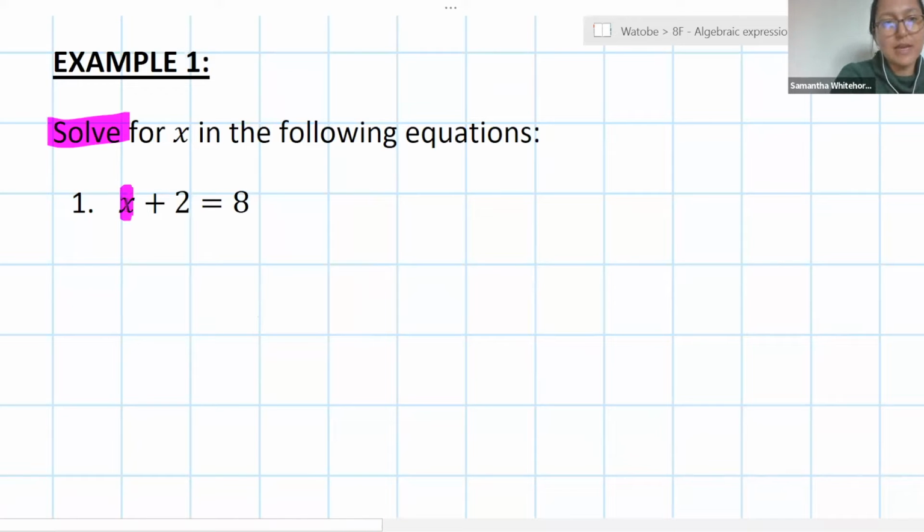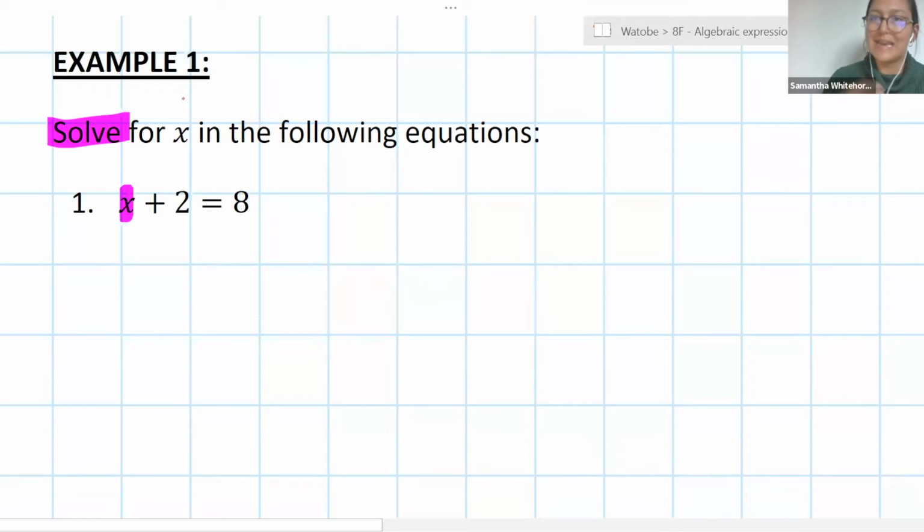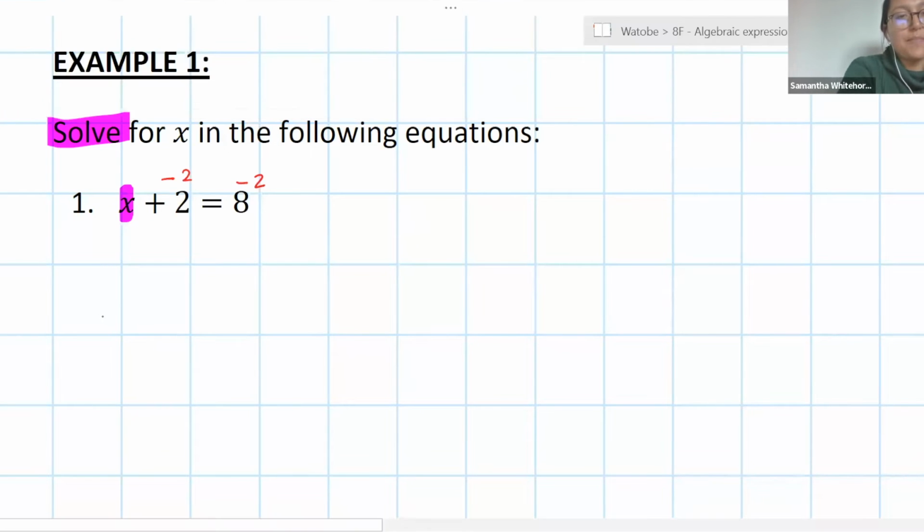So if this is my x over here, I essentially want to somehow get rid of that plus 2 so that x is standing alone. That's what solve for x means, get x alone. So I am going to subtract 2 on both sides, because that will allow me to have only x on the left. And so what I end up with is x is equal to 8 minus 2.